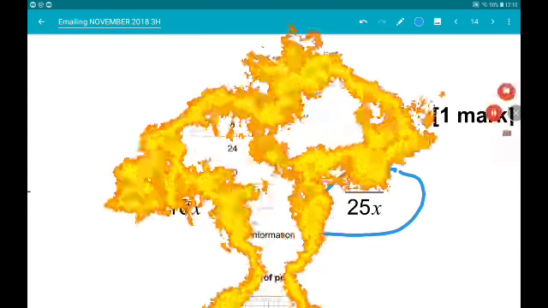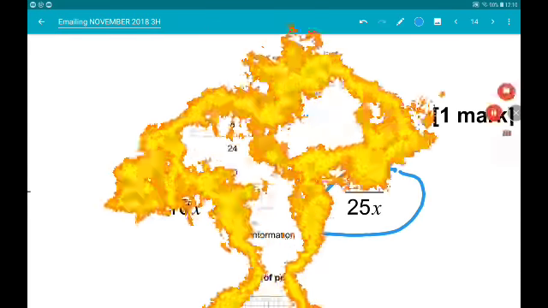Okay, question 18, we've got a histogram, so my stuff is down below. So the table shows information about the ages of people at a concert. We want to draw a histogram to represent this data. So, we've got an axis down here.